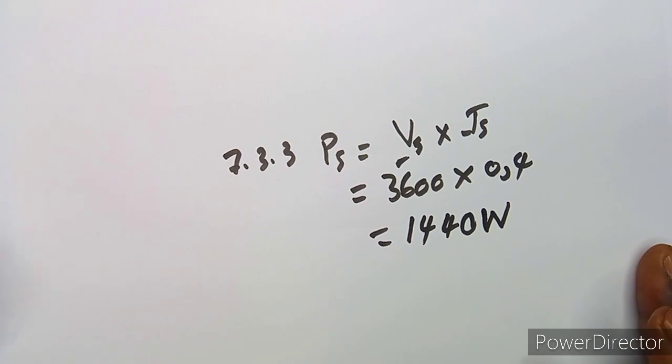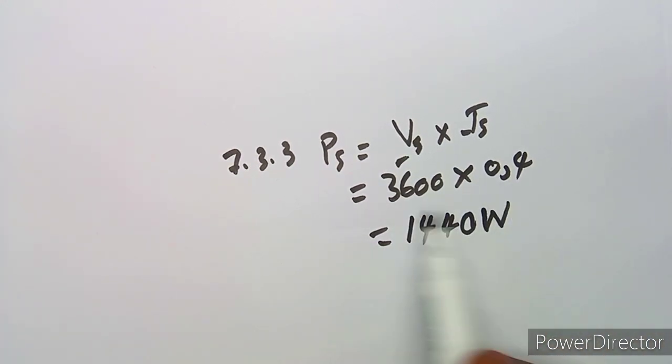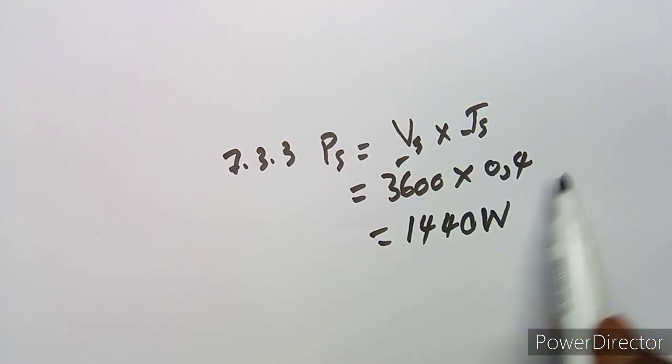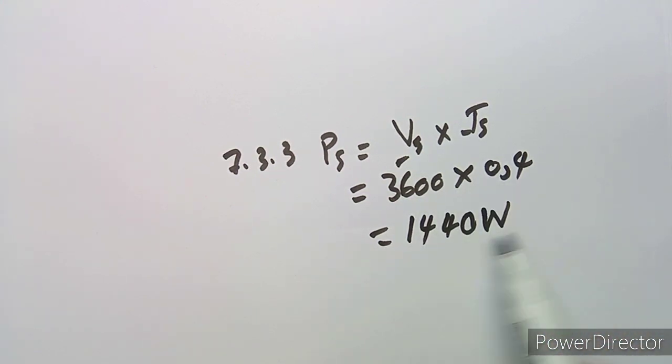Remember, this is a DC machine, a DC generator, so that is why voltage times current is giving us 1440 in watts. Because remember, if you are working with an AC circuit, then you're going to work with volt-amperes.